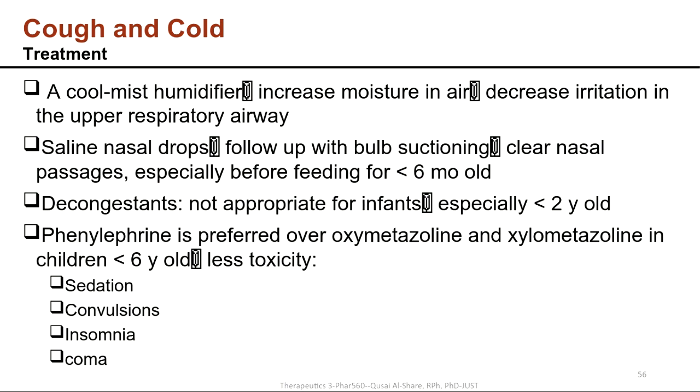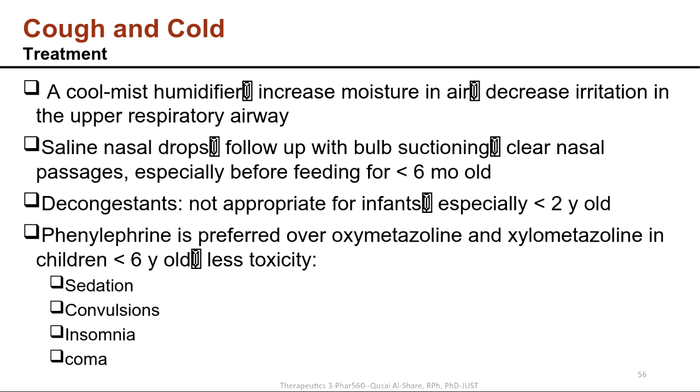What about decongestants in the common cold and cough? Decongestants are not appropriate for infants, especially those less than 2 years of age. So when you work in a pharmacy, don't give decongestants to children less than 2 years of age. Sometimes they say even up to 6 years, as they are not safe until 6 years.